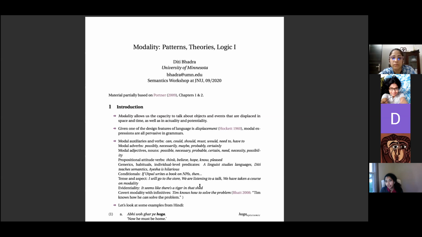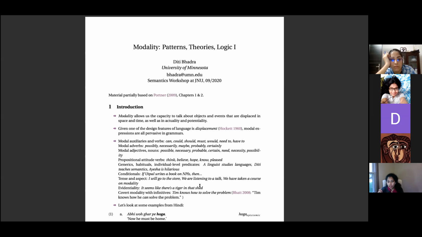I just have one example here: it seems like there's a tiger in that shed. In some of your worlds, given the evidence you have, it looks like that, so there's a modal quality there. And then we have Rajesh's work on covert modality, and we saw that infinitives can have modal flavors as well. So you can say, Tim knows how to solve the problem.